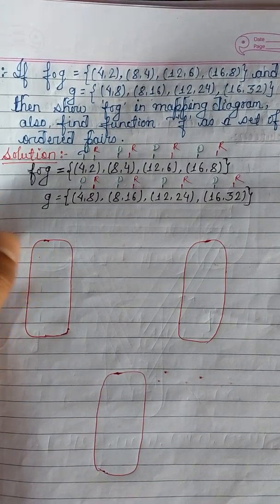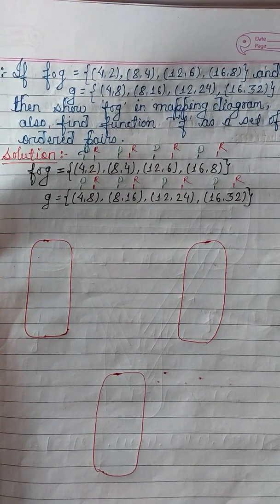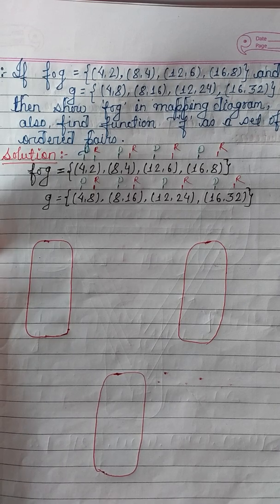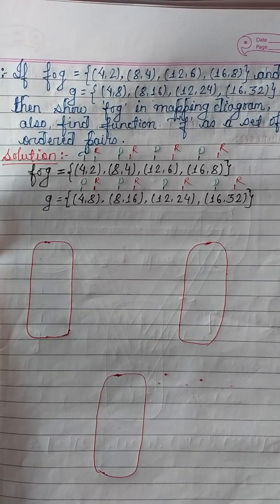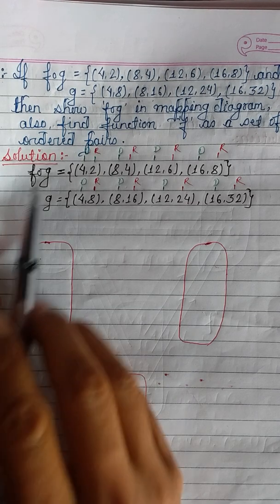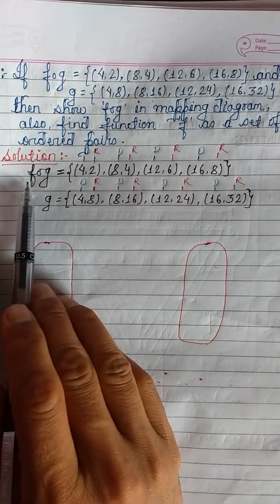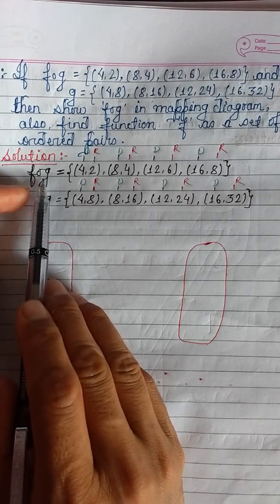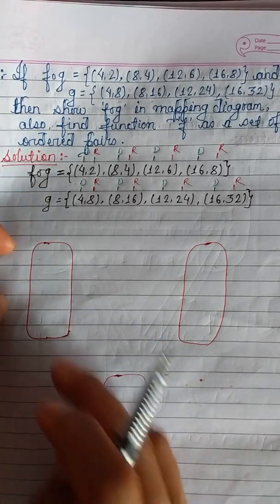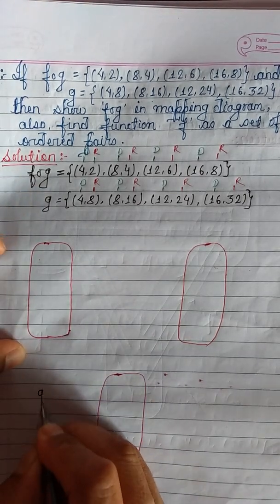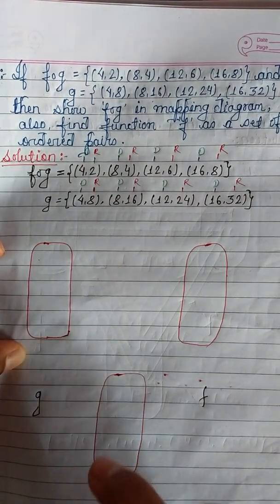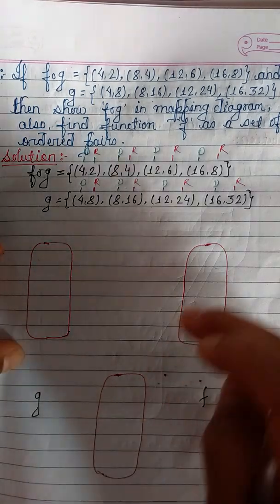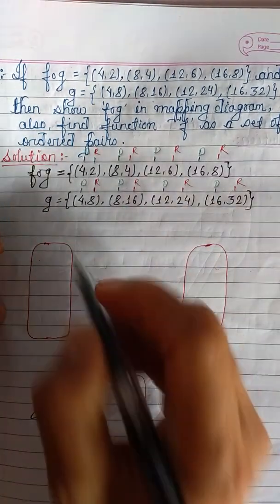Now which function takes the input first? In the composite function f of g, which function takes the input first? Obviously the function g takes it, not f. So g takes the input first, which means this way is for g and this way is for f. g brings the input from here to here, and f picks up the output of g and applies it here.